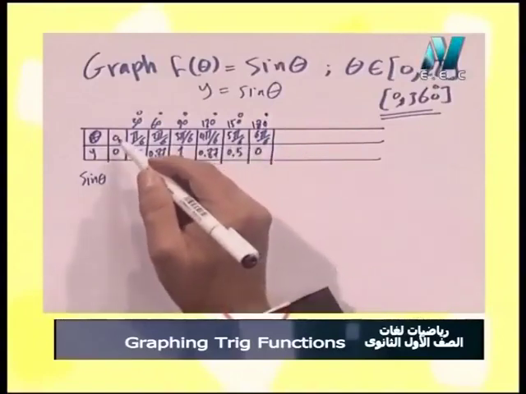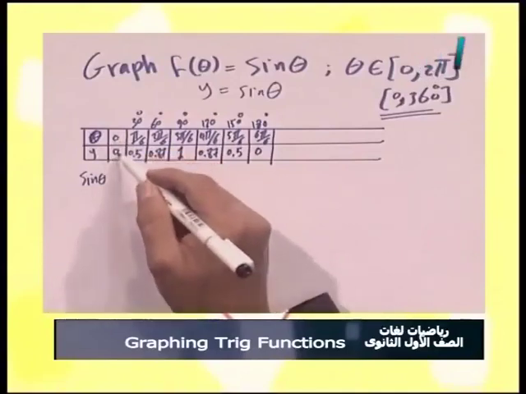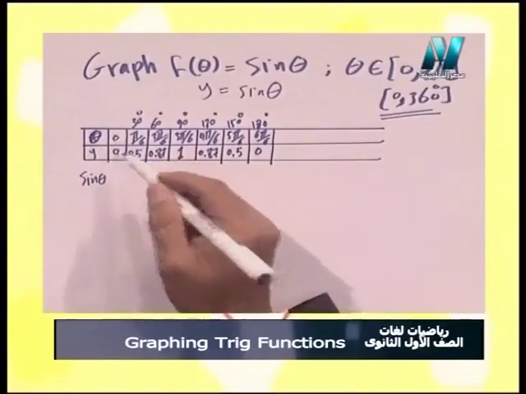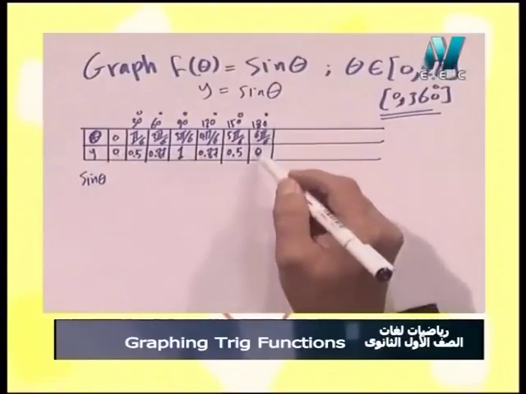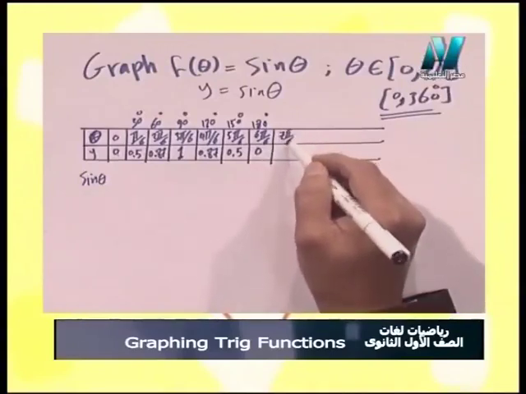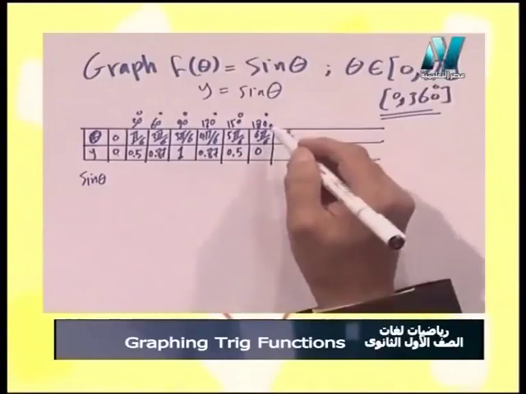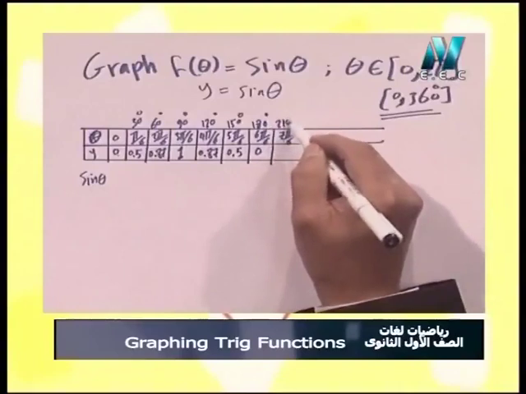Here, when theta equals 0, sine theta equals 0. And when it is 180 degrees, sine of the angle will be 0 also. 7 pi over 6: add 30 to 180 and it will be 210 degrees.